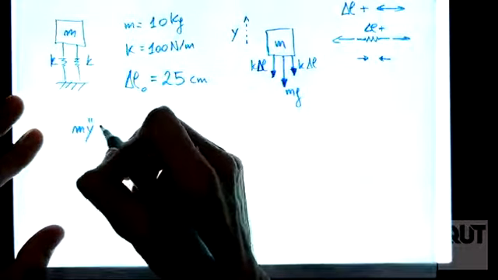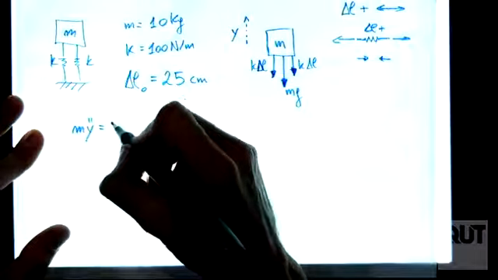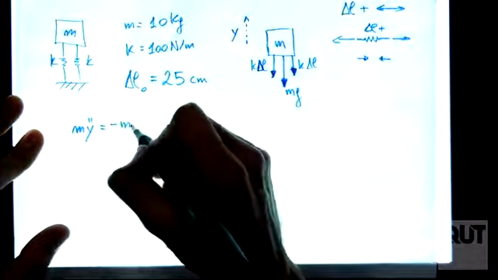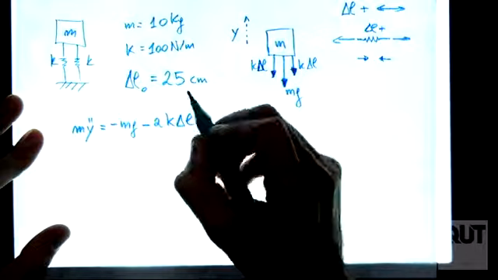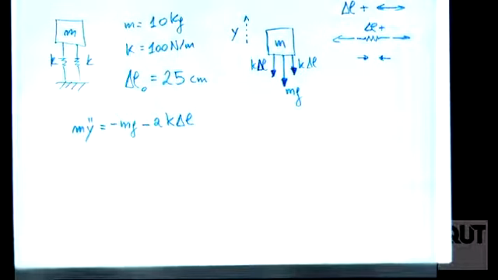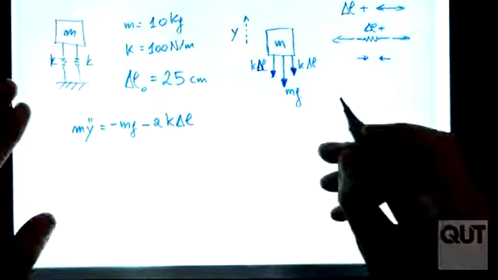M y dot dot equal minus mg minus 2k delta L. Agreed? I could have written minus k delta L minus k delta L, but then they sum up to 2k delta L. How much is delta L?